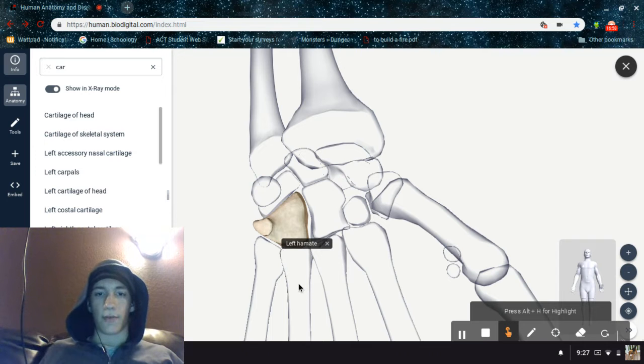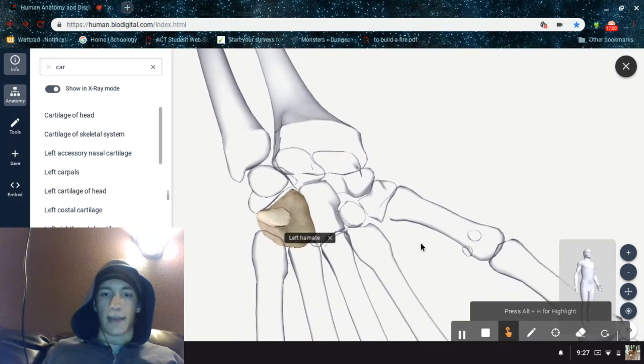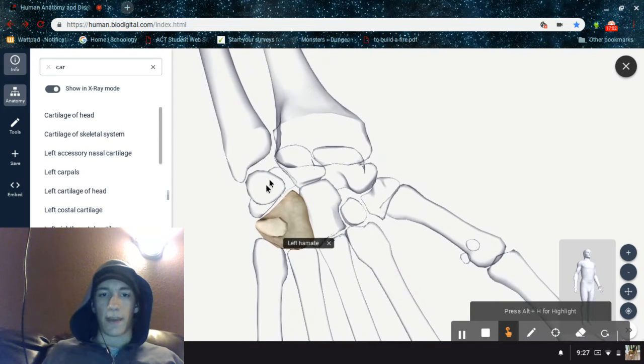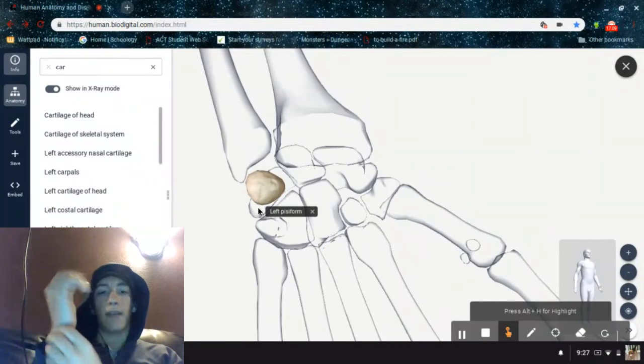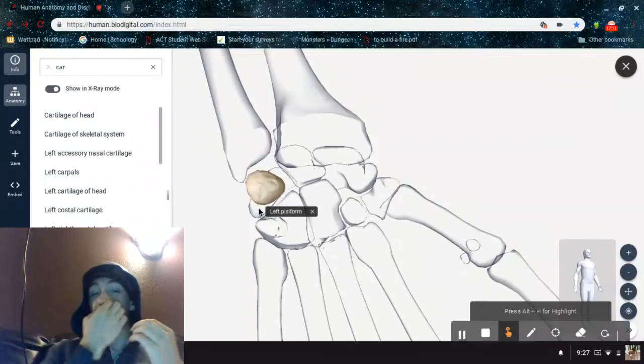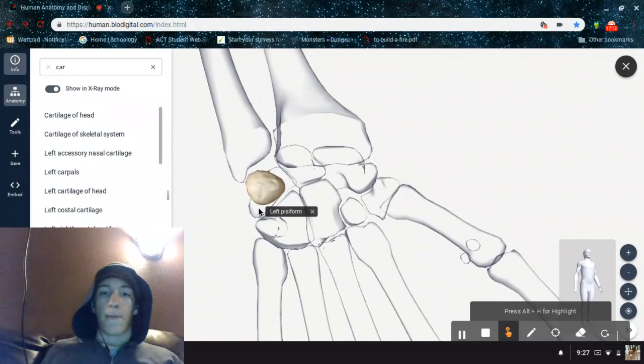It's for your ring finger and apparently your pinky, but your pinky is also connected to your triquetrum and pisiform. Your pisiform is the one that's on your pinky, and your triquetrum is the one connected to your pisiform. This is your lunate.